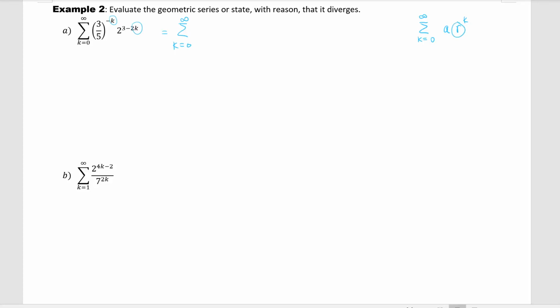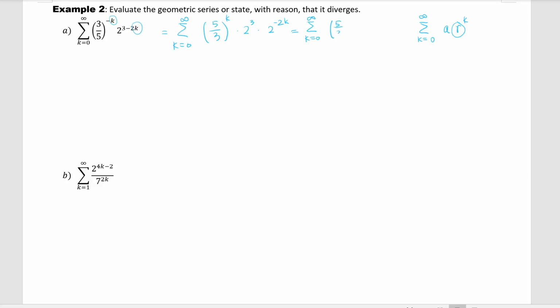So here, let's see. The first one, negative means we actually can flip it. And next we can split. This is 2 to the cube, right? Times 2 to the negative 2k. Well, let's continue.